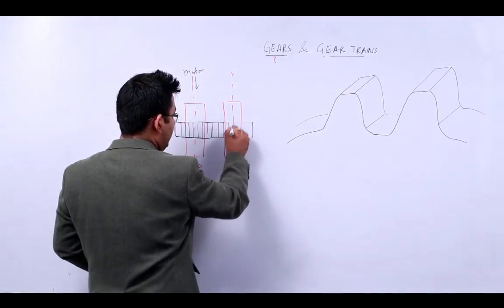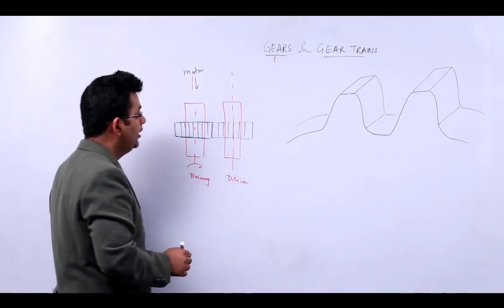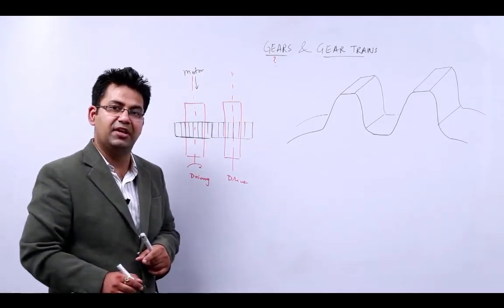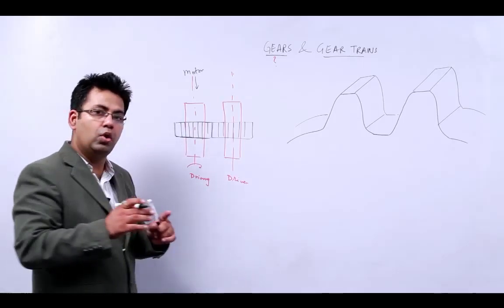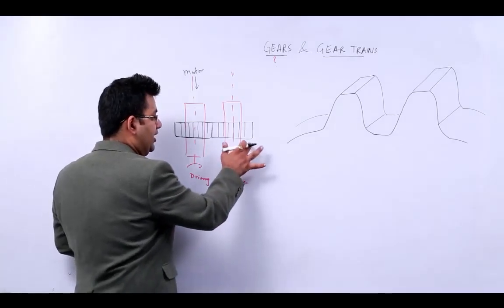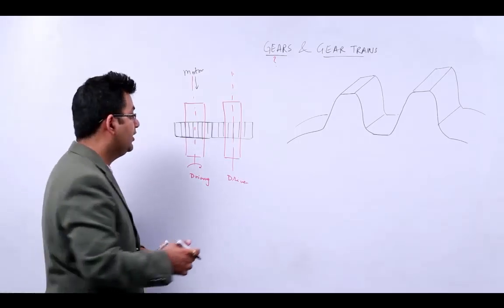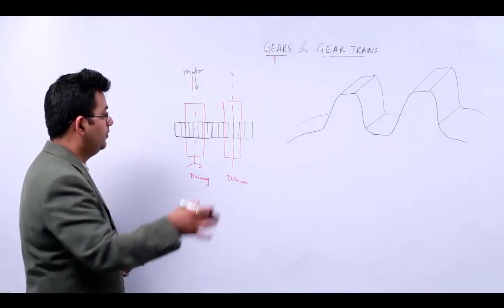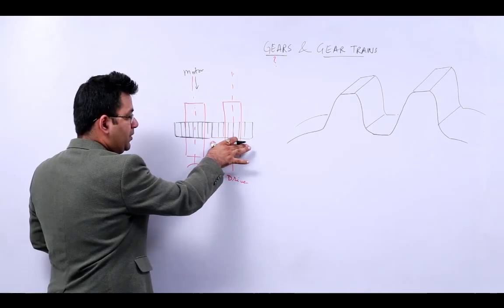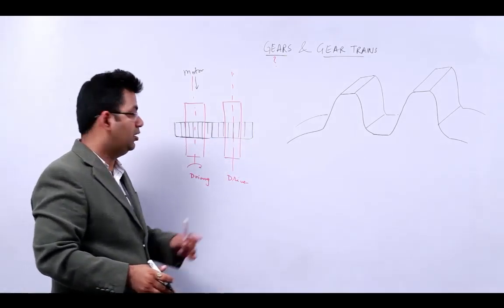These are the teeth on the gear of the driven shaft. Again, there is no relative motion between the gear and the shaft, because they have an interference fit. There is a key mechanism which keeps these gears in position on the shaft.